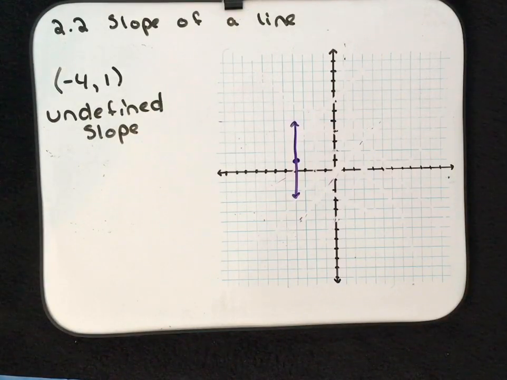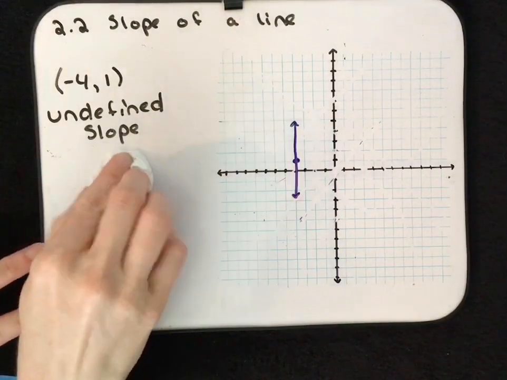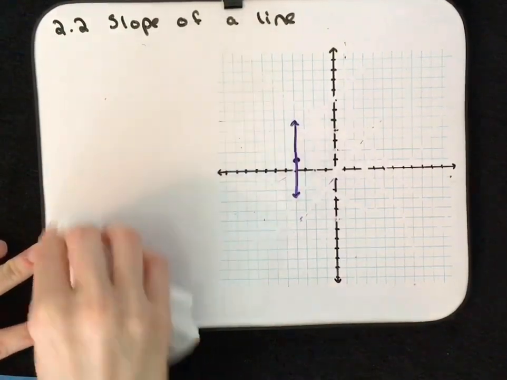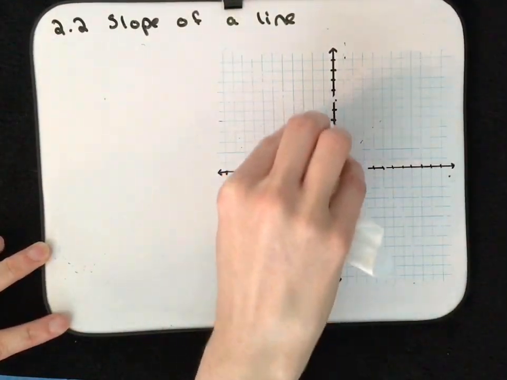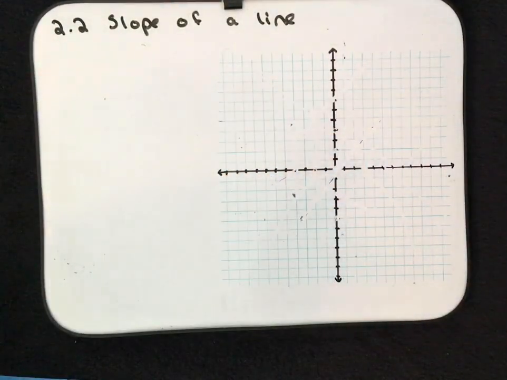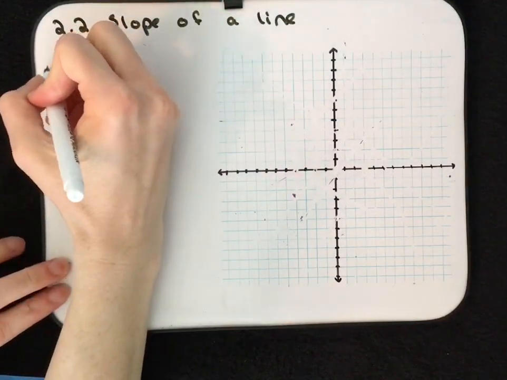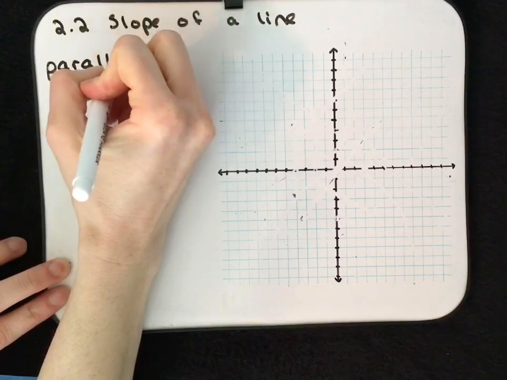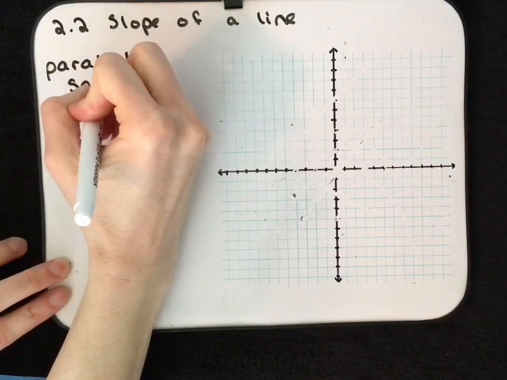There are some special cases of lines that we can consider too. Sometimes you'll be told to find a line that is parallel or a line that is perpendicular. So if we're looking for parallel, that means that you have the same slope. So parallel is the same slope.